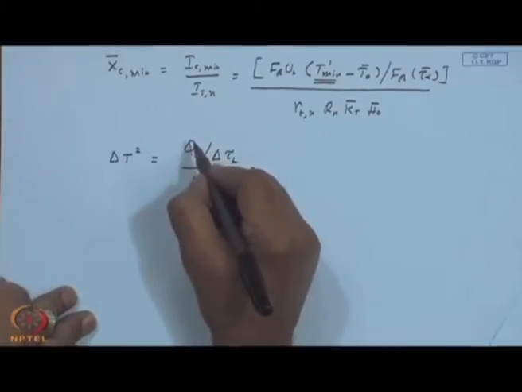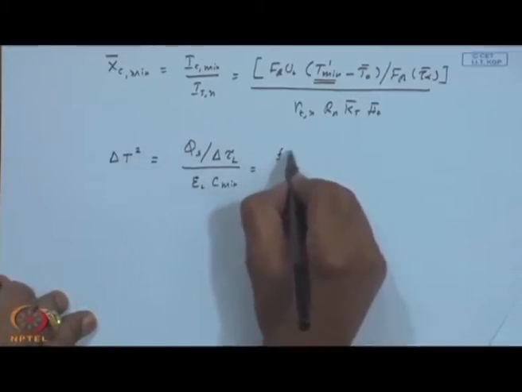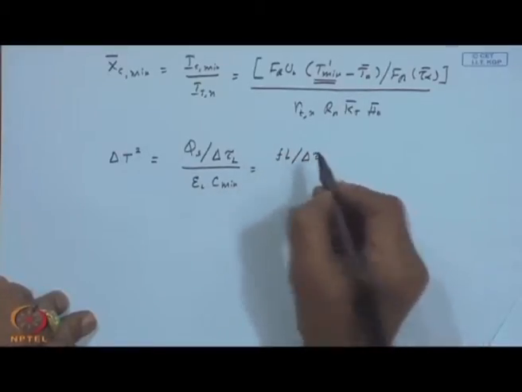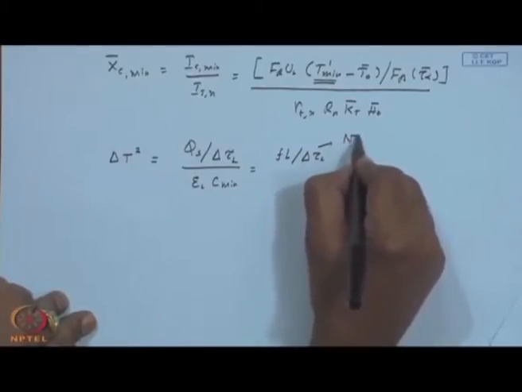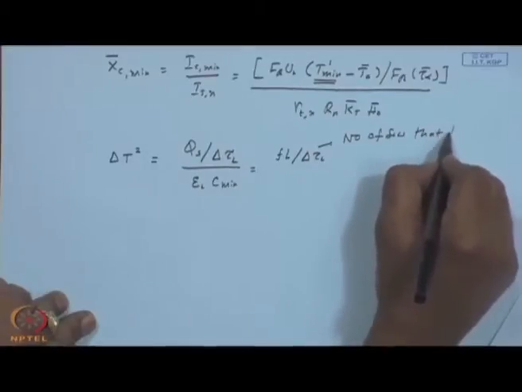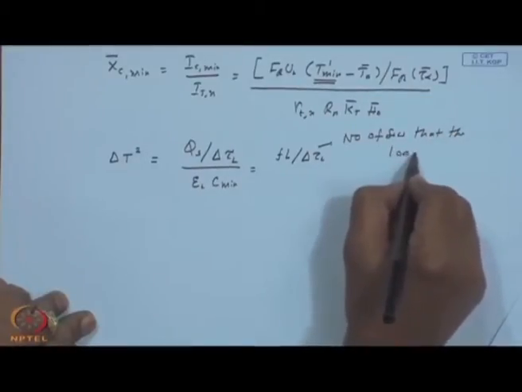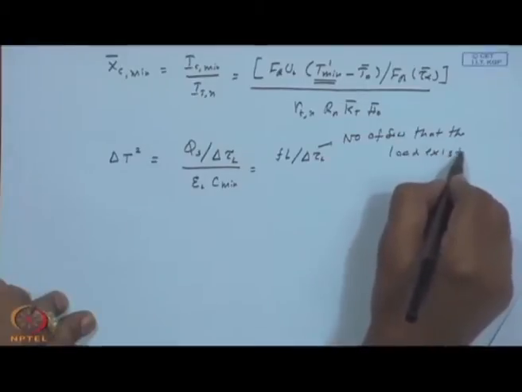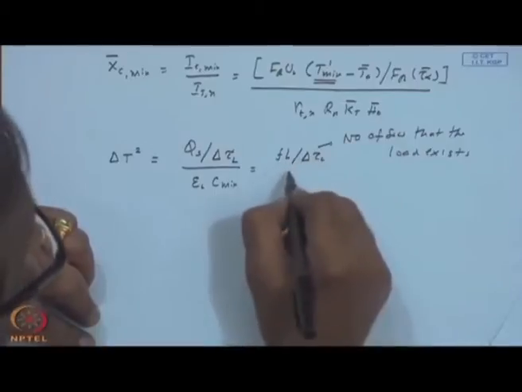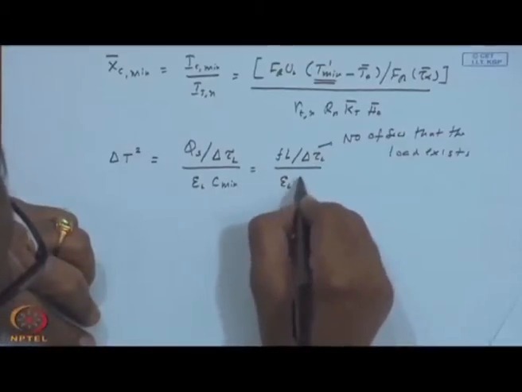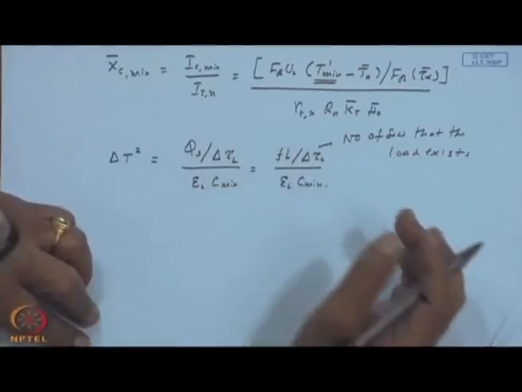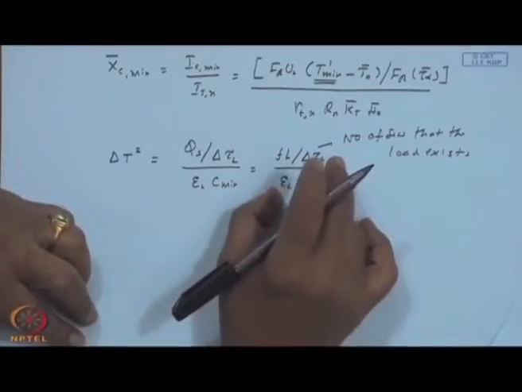The energy that is going to meet the load on the system is F L product by delta tau L, the number of seconds that the load operates, that the load exists. It may not be 24 hours, it may be, let us say, 12 kilowatts for 12 hours a day, by epsilon L C minimum.